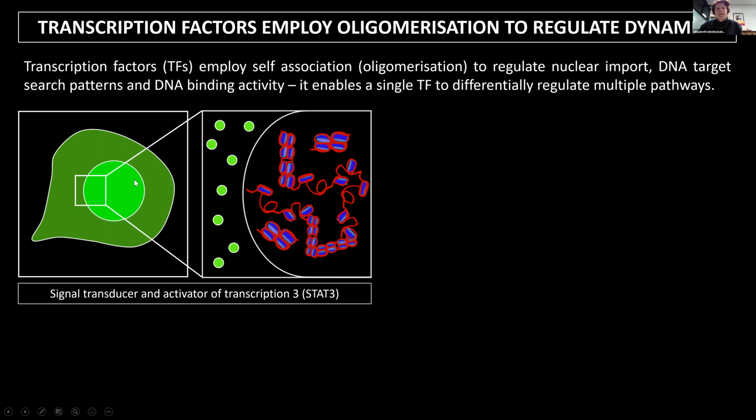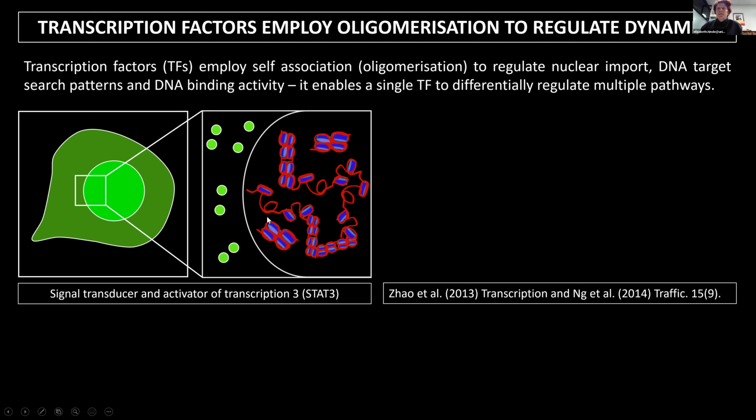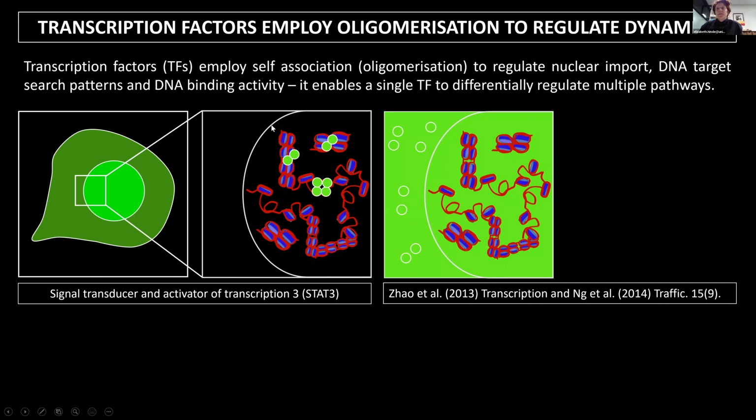For example, STAT3 is a transcription factor that is known to form dimers in the cytoplasm that are subsequently recruited to the nucleus, and depending on the DNA sequence, can further dimerize into tetramers. And so we thought that if everything's labeled GFP, you can't see this process, how the dimers get into the nucleus and how the further dimerization event modulates the binding affinity for DNA sequences.